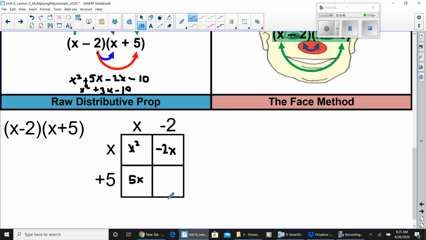And 5 times -2, -10. So what you would basically do is take the x squared out, then go -2x, taking out all your answers, and then you go plus the 5x.